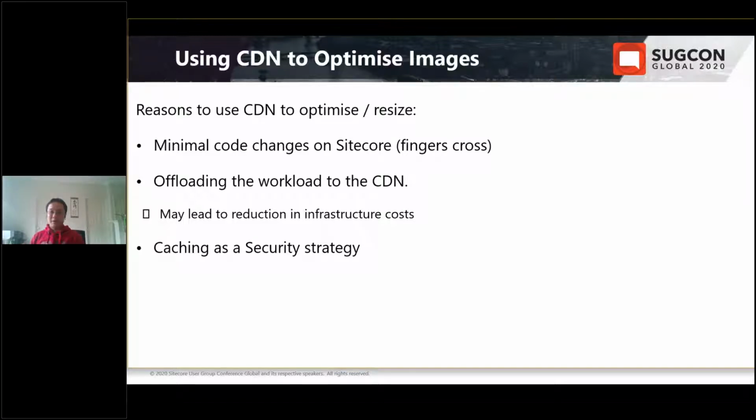We want to offload the actual resizing and optimization workload to the CDN rather than on the origin to free up your CPU resources and memory resources to process real tasks like serving out content.